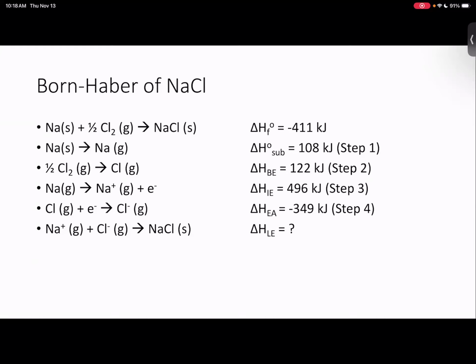So let's figure out what the lattice energy is. We have a negative 411 kilojoules. That's equal to 108 kilojoules plus 122 kilojoules plus 496 kilojoules minus 349 kilojoules plus the lattice energy.